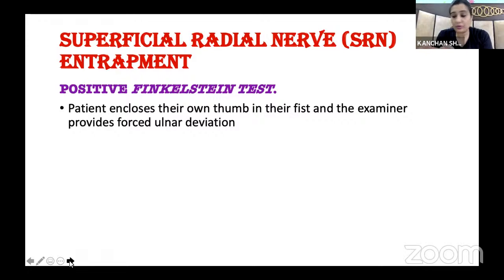If you flex your thumb, make a fist, and then push the wrist in the ulnar direction, this is going to be painful. But this is more significant of De Quervain's tenosynovitis rather than superficial nerve entrapment. The presentation is going to be the same, and I'll tell you in the end how to distinguish between the various conditions, whether it is the superficial nerve or De Quervain's, right?